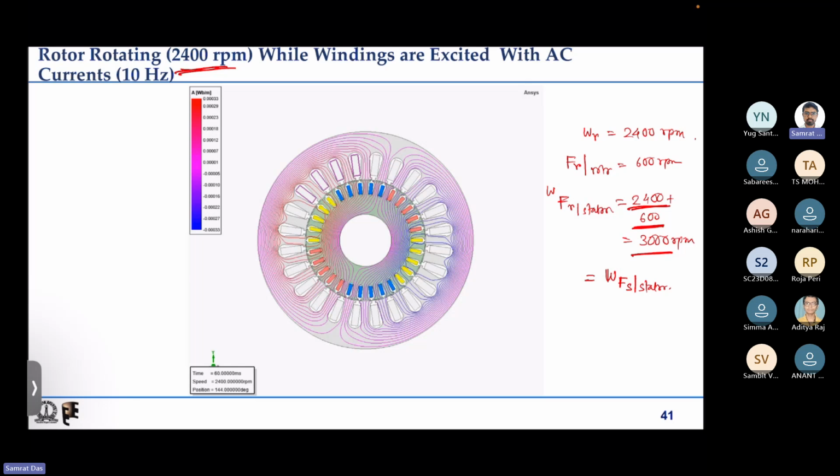And that is why we have two magnetic fields which are rotating with respect to a stationary observer at the same speed.